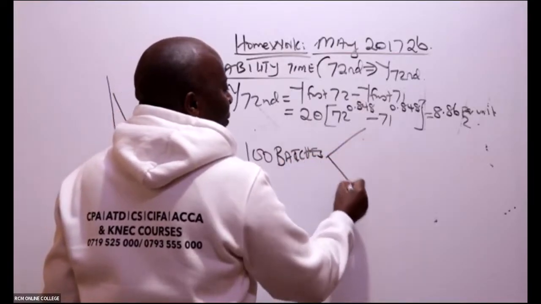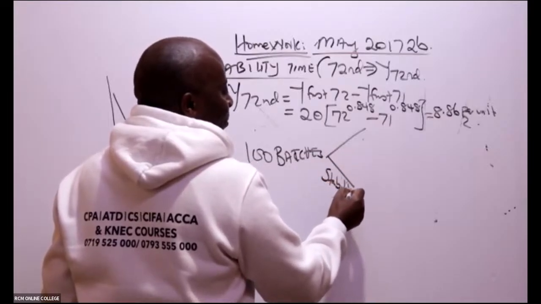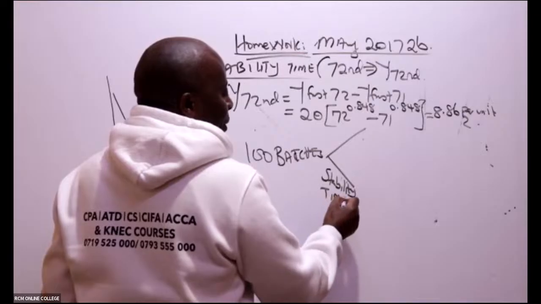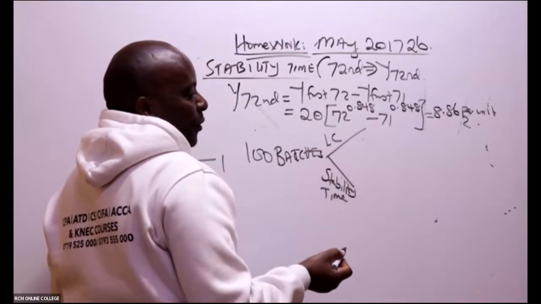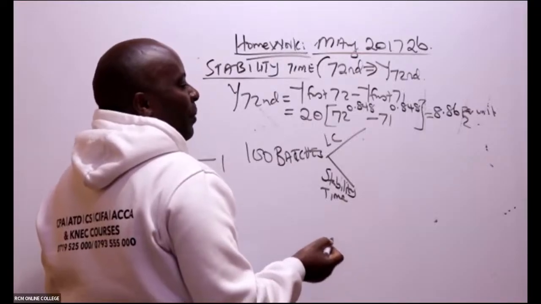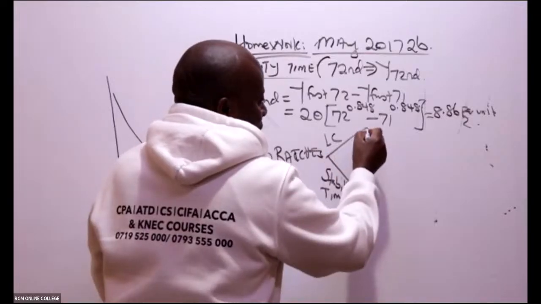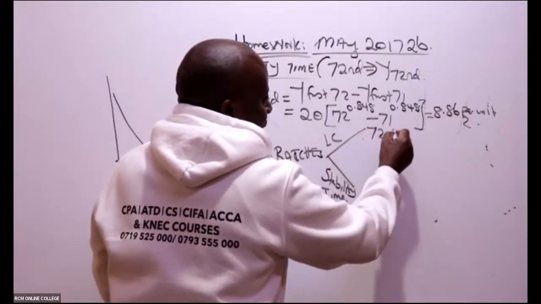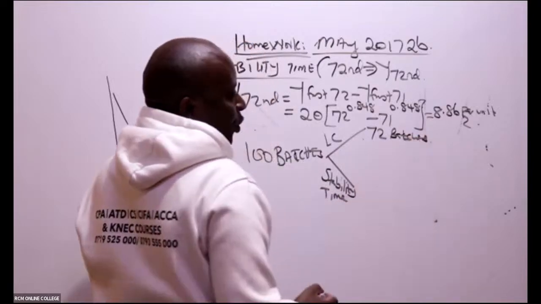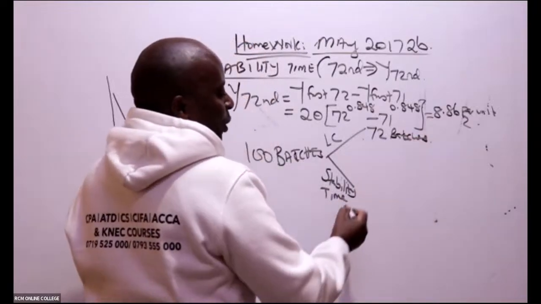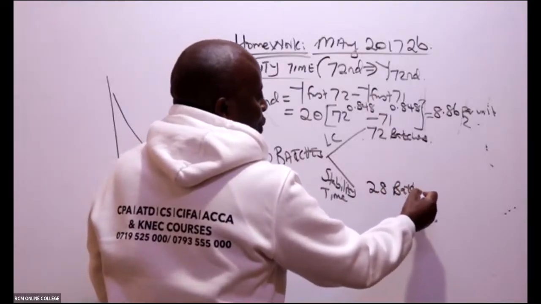Out of these 100 batches, we have batches where stability time is being used, and those batches where learning curve is being used. Learning curve, we shall continue learning up to unit number 72. So 72 batches or units. And because there are 100 in total, this will be 28 batches.